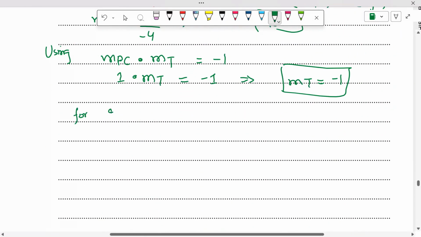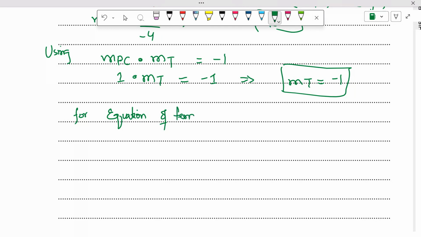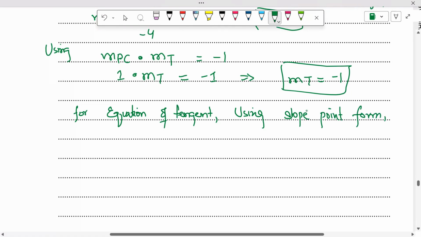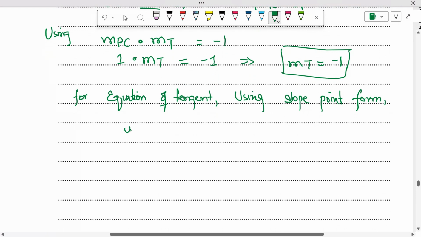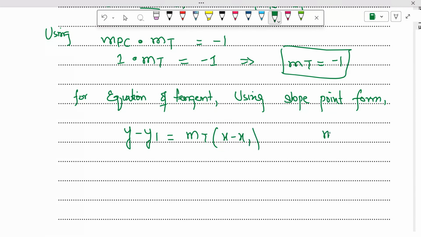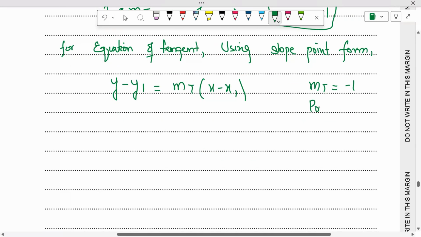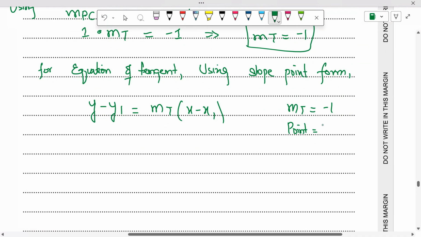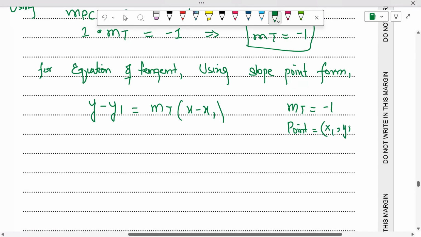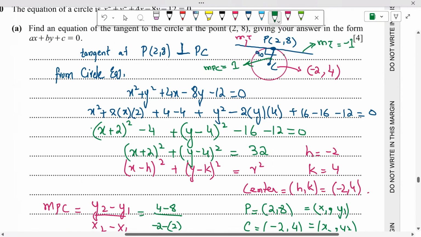For the equation of the tangent using slope-point form: y − y1 = m_T times (x − x1). mT is −1, and we have the point (x1, y1), which is given as (2, 8).